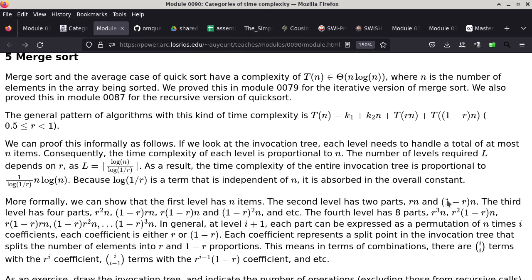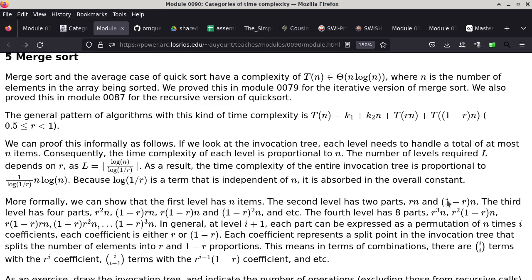Because this is the nature of merge sort and some of the other algorithms. It breaks it into two parts, and then each part can be a certain ratio of the original problem. So when you look at this one here, what is the width over here?